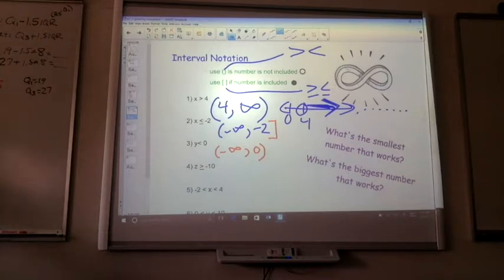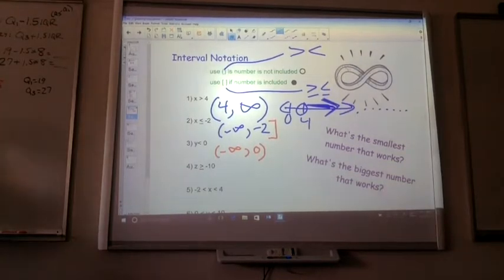Is negative infinity a larger number than -10 or a smaller number? The further you go to the left, the smaller a number gets on a number line. Negative infinity is extremely small. Positive infinity is extremely big. So I want values that are bigger than -10, also equaling it.